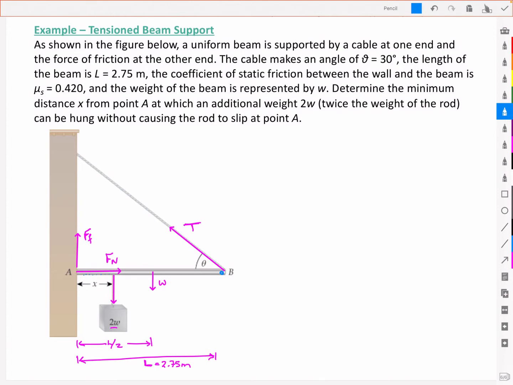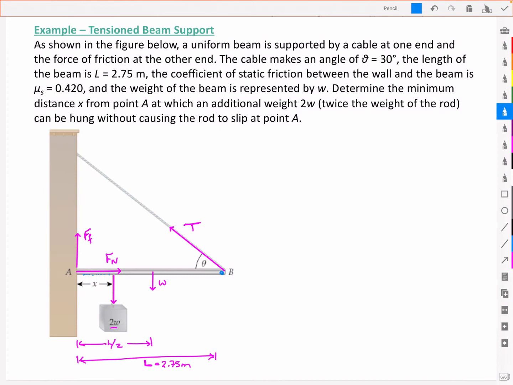If we move that weight closer and closer to the wall, then it applies more and more torque because it has a greater moment arm. And that torque needs to be small enough that the frictional force can still support both it and the weight of the rod itself.